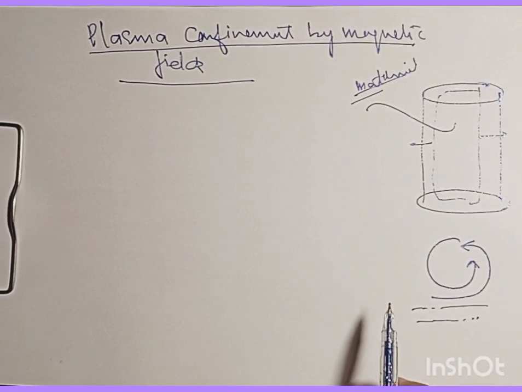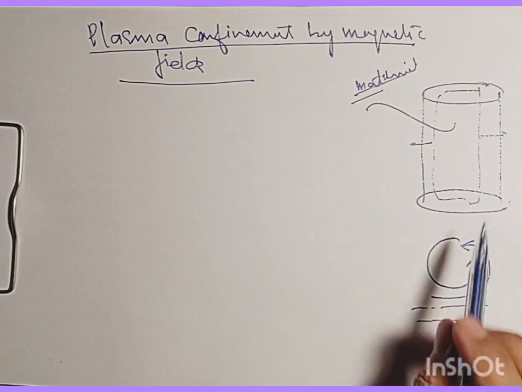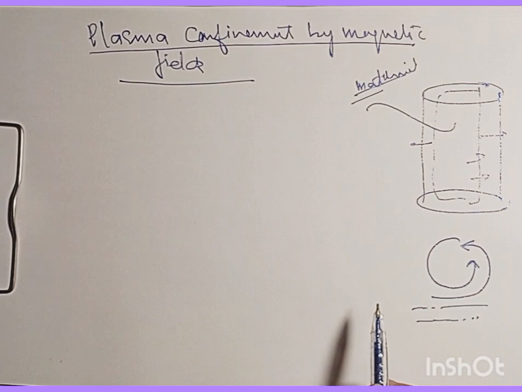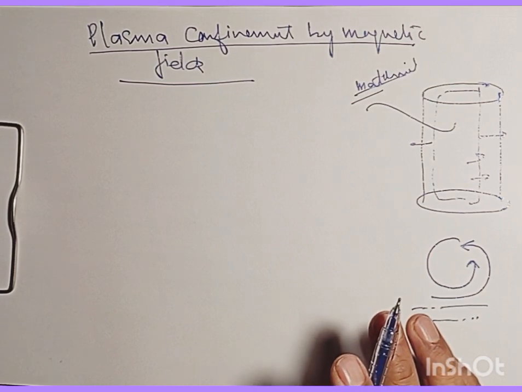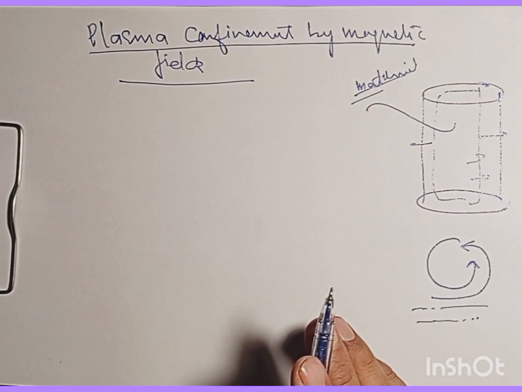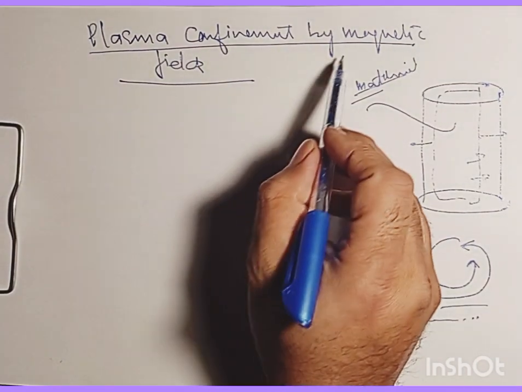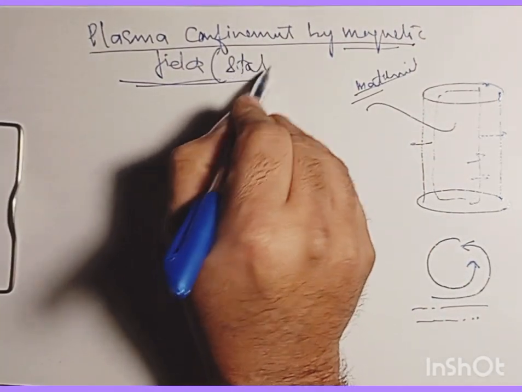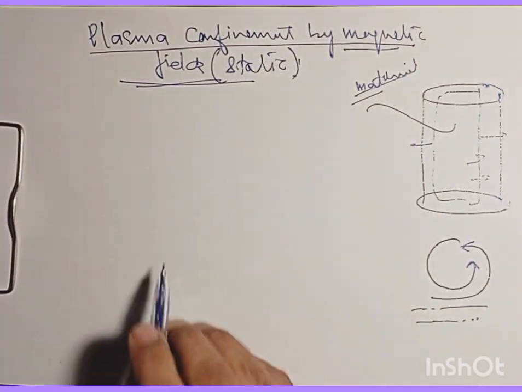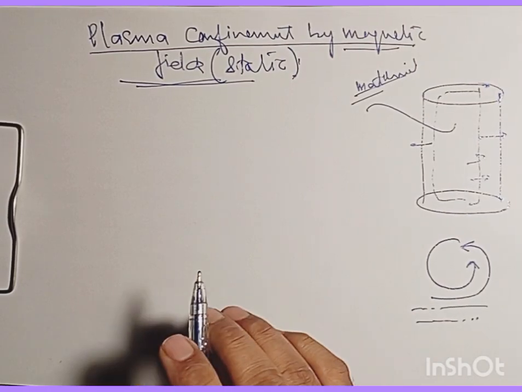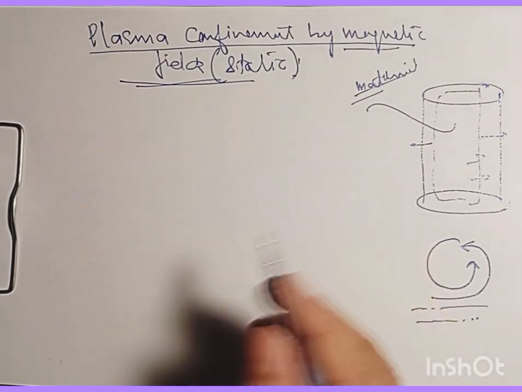If a means can be found to prevent their escape at the end of the field lines, then there is a possibility of confining this plasma by means of a static magnetic field. To find the magnitude of such a field, let's write down Maxwell's equations.